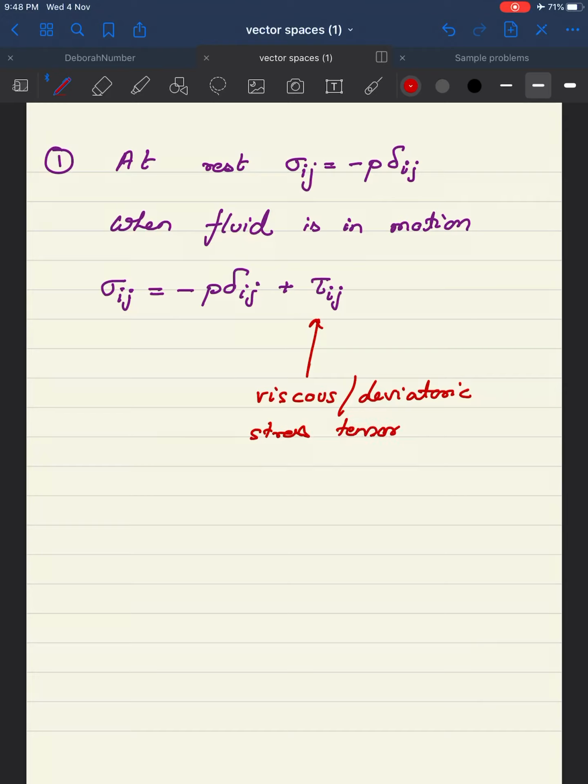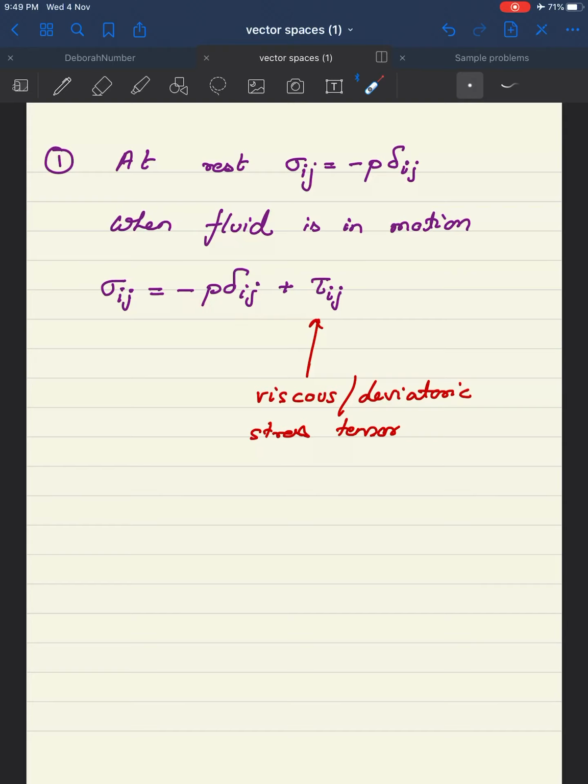It is the part of stress that results due to the fact that the fluid is in motion. So, tau ij for a static fluid is 0. So, you only will have this particular term when the fluid is in motion. Okay. Moreover, you see one more thing is that the stress is a negative function, right. This is a minus p.